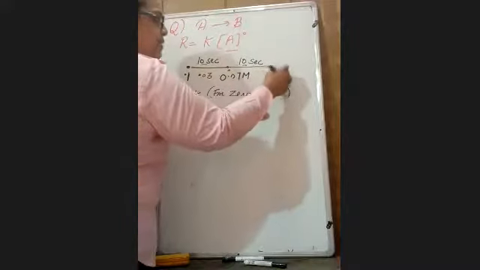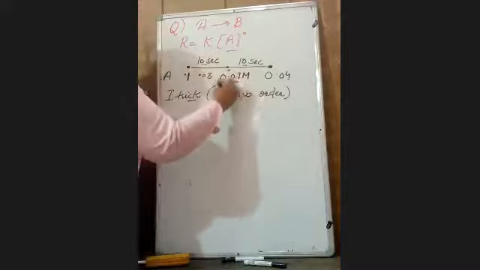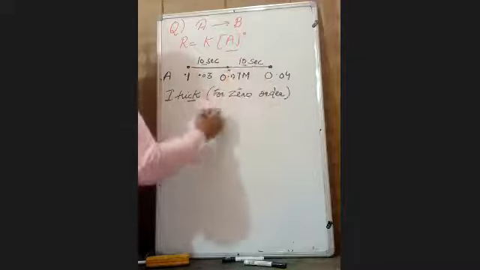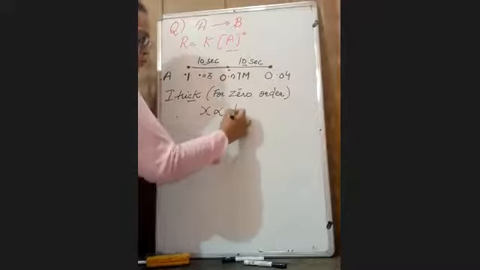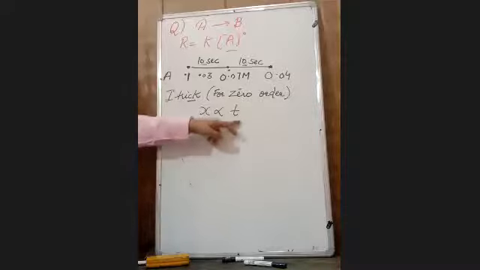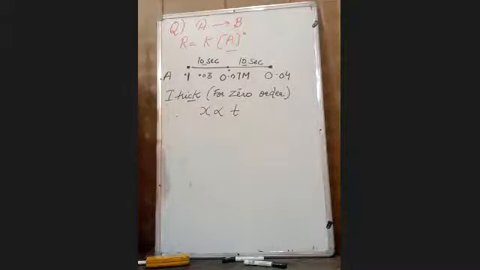It will be 0.04 because X is directly proportional to T for zero order reaction. Do not use this formula for first order reaction. It is not applicable for first order reaction. I repeat, trick number 1: X is directly proportional to T for zero order reaction.